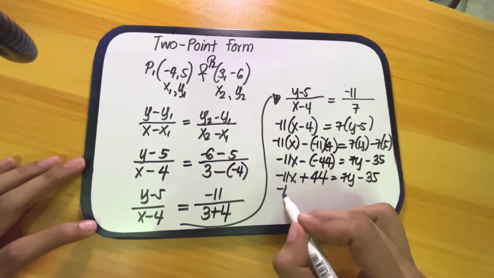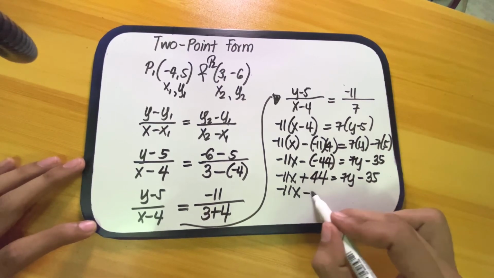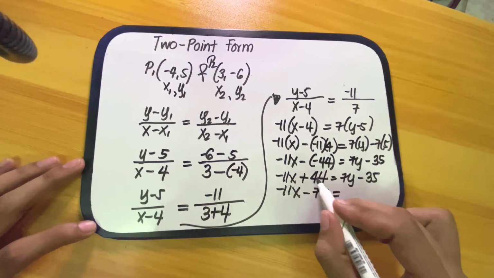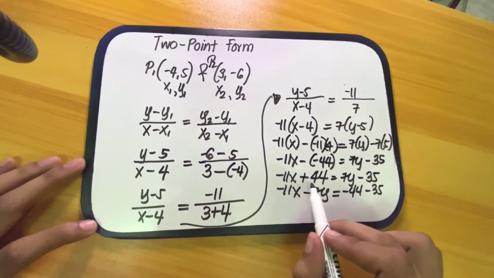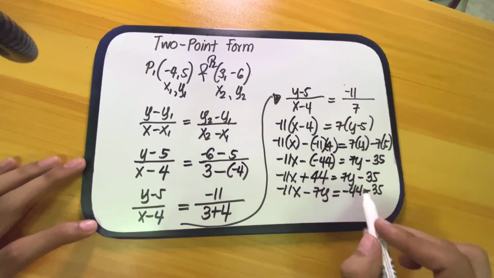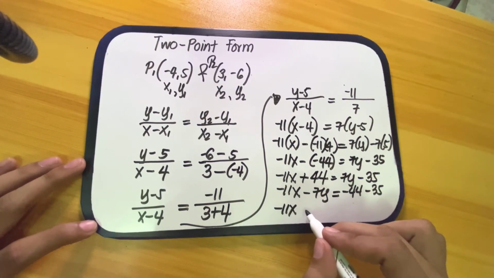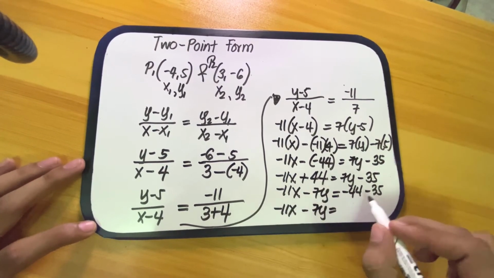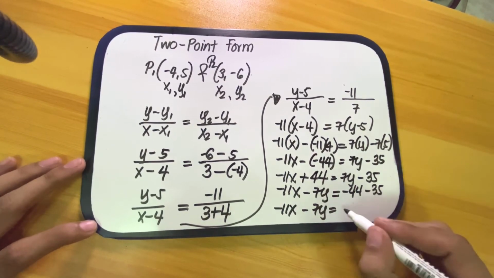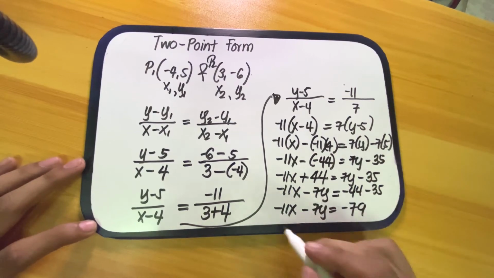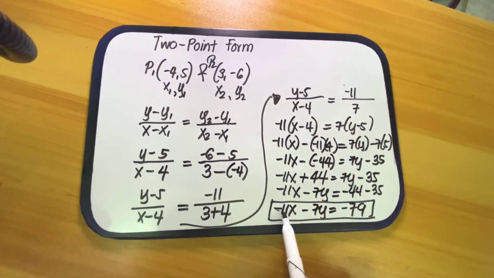So negative 11x, the 7y will become minus 7y equals negative 44 minus 35. So from positive 44 to negative 44. The negative 11x minus 7y is equal to negative 44 minus 35, that is negative 79. So if you notice, all the terms are negative.